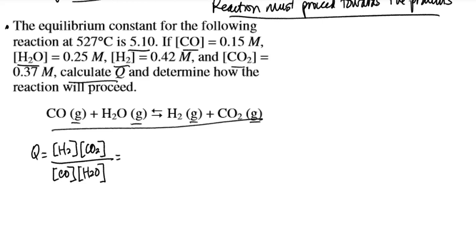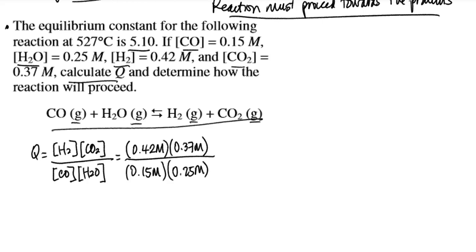And so if I go ahead and substitute in, my concentration of hydrogen is 0.42 molar. My concentration of carbon dioxide is 0.37 molar. I'm going to divide that through by my concentration of carbon monoxide, which is 0.15 molar, and my concentration of water vapor, which is 0.25 molar.